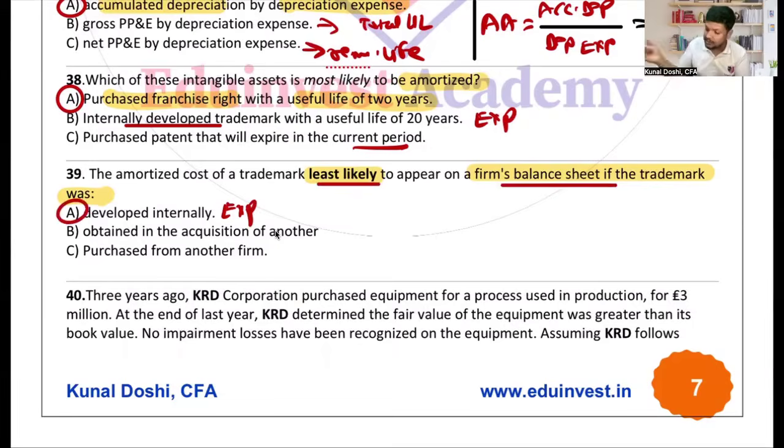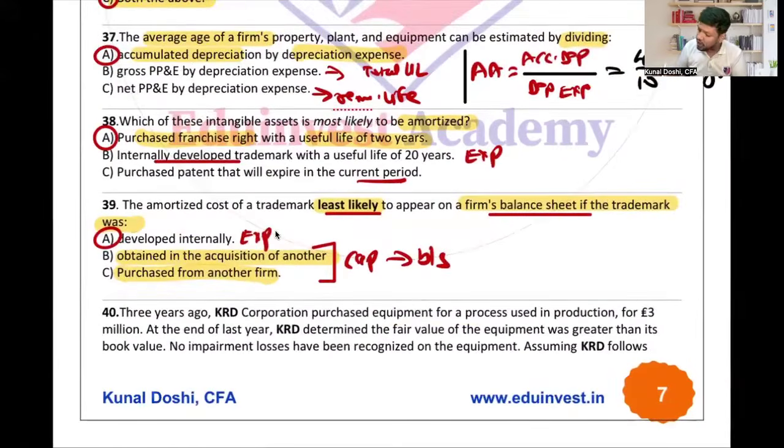No, it is going to be in the income statement. Obtained in acquisition or purchase, yes, these two you capitalize. So whenever you capitalize, of course, that is going to be reflected on the balance sheet. But when you expense, it's in the income statement. Clear?